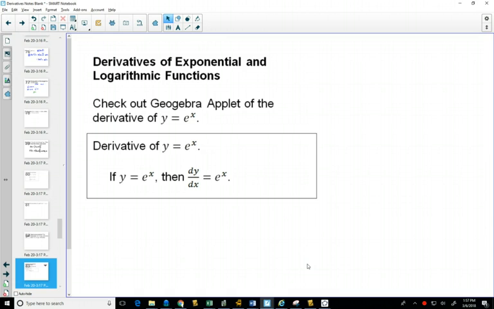It messes with you, especially with the chain rule, because you will want to do something when you don't do something. Okay? So we have our derivative of y equals e to the x is e to the x, which is really cool.